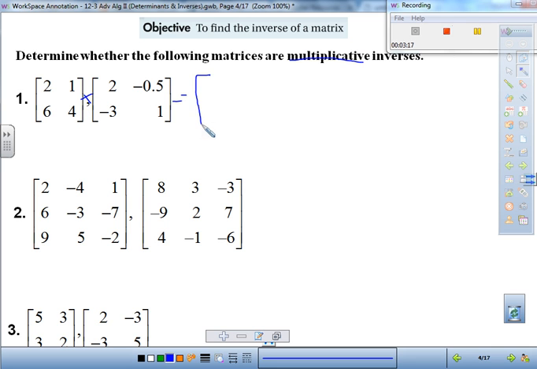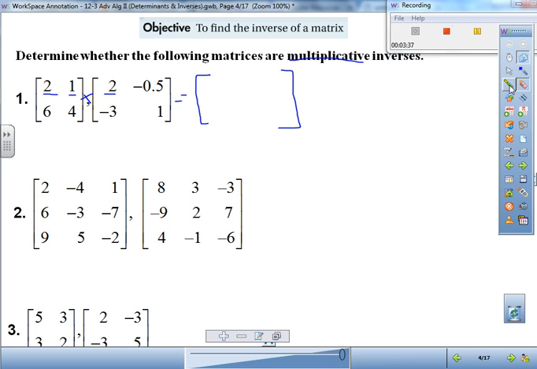So setting this up, it's going to look like we have 2 times 2, so we're going to have 4 here, plus 1 times negative 3.